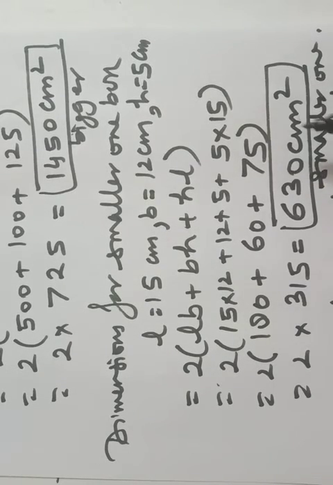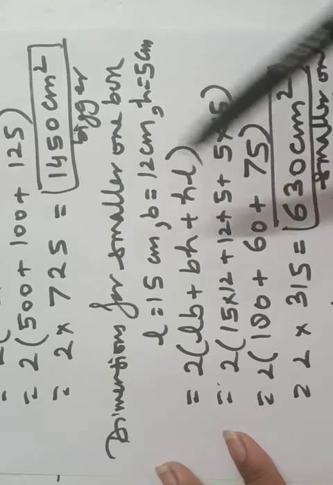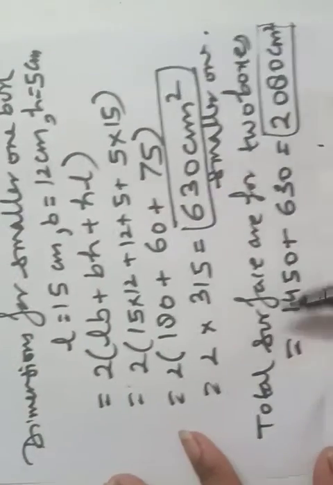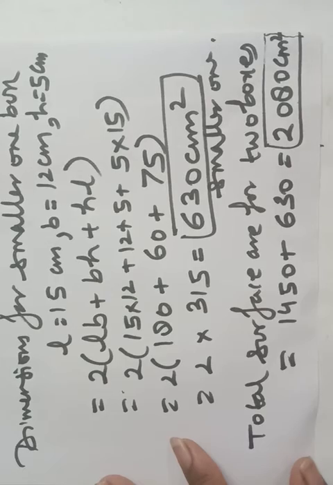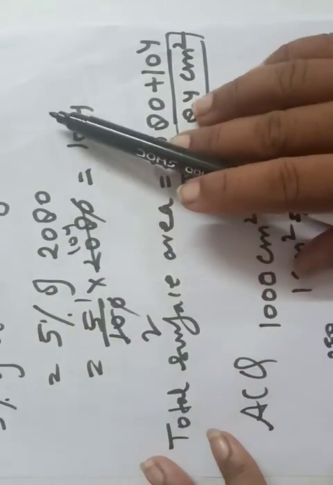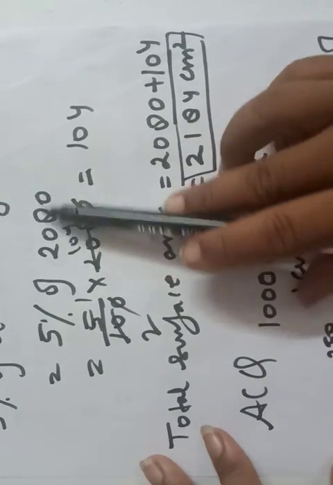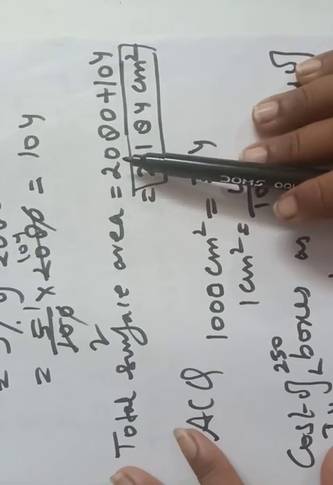So these are the things that we have already found, the area for this and this. Then we found the total surface area by adding these areas, and after that we found the 5% of the total surface area, that is 104. We added it to the total surface area.